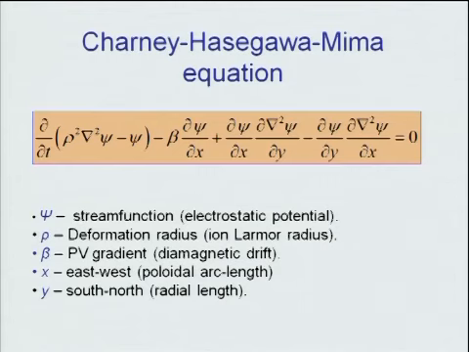What matters is the projection of the rotation frequency on the direction perpendicular to your beta plane, equal to the rotation speed times the cosine of the poloidal angle, and because it changes across the plane, you get a gradient of potential vorticity.